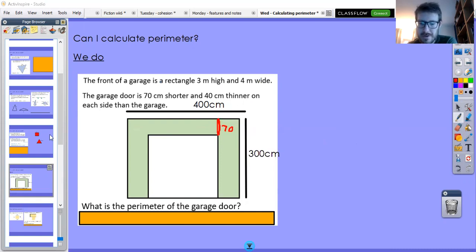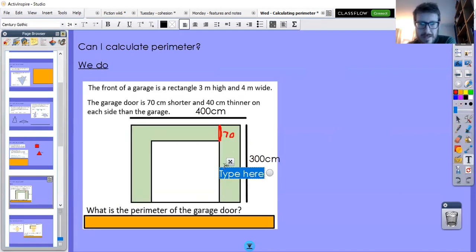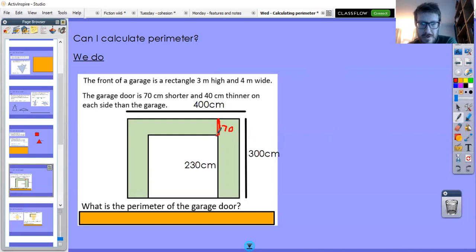So 300 take away 70 is 230. So this length here is 230 centimeters. From the top of the door here to the bottom of the door there is 230 centimeters, which means this side is 230 as well.